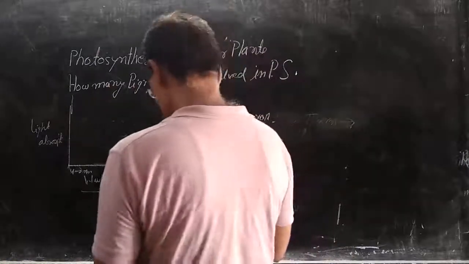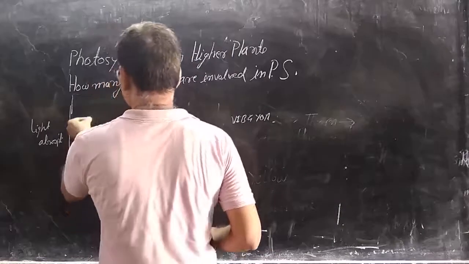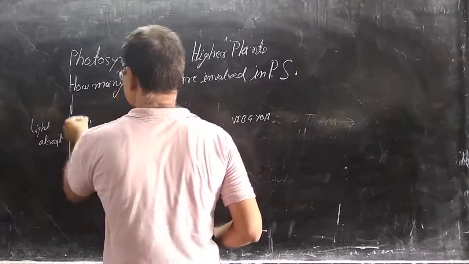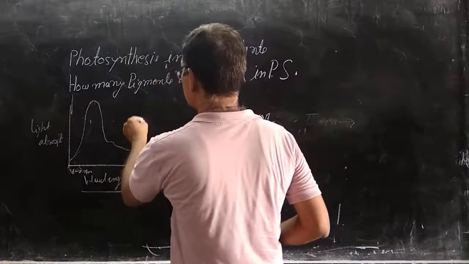If we plot the graph of different pigments, the chlorophyll A absorbs maximum here, then again here.